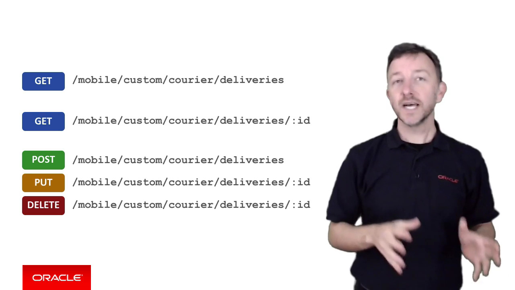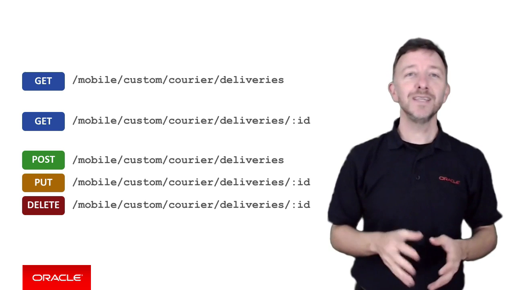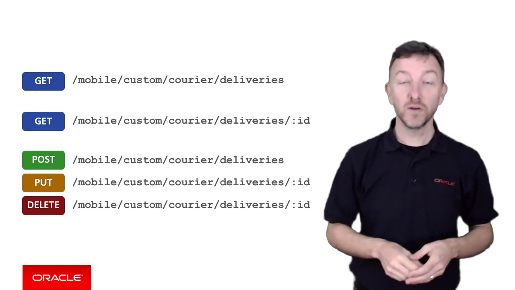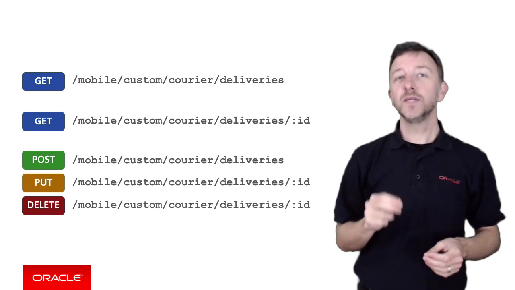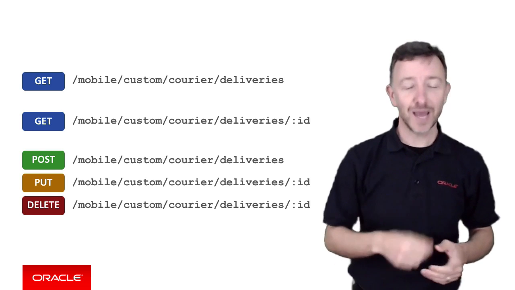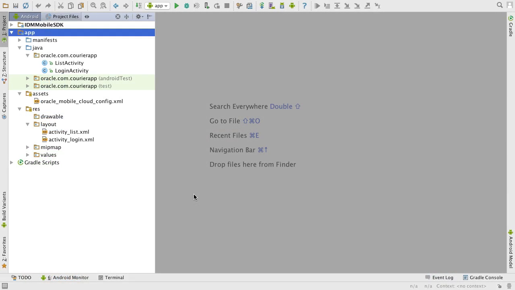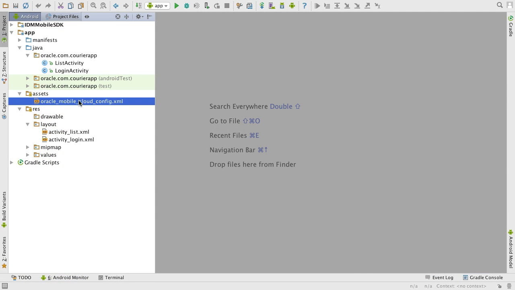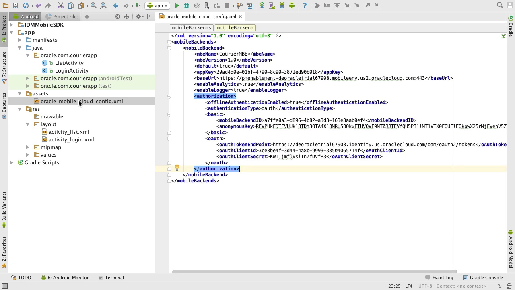So, with this custom API in mind for sync, we then need to define our sync policies on the mobile device. So let's first look at how we define these in our Android application. In our Android app, we locate the MCS Oracle Mobile Cloud Config XML file we included as part of the SDK.